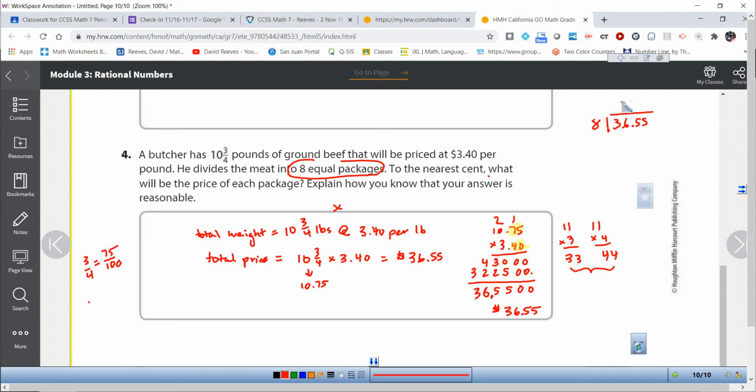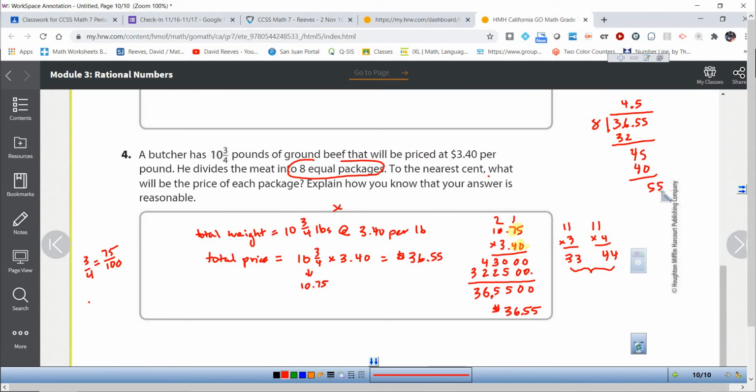8 into 36. Well, 8 times 4 is 32, right? All right, and then I bring down the 5. By the way, the decimal is going to go right there. 8 goes into 45. Well, 8 times 5 is 40. 5, bring down the 5.